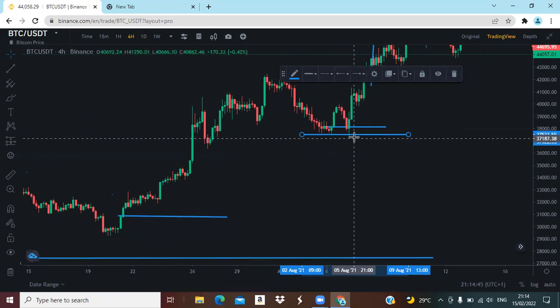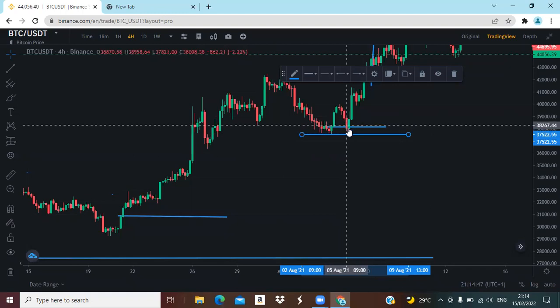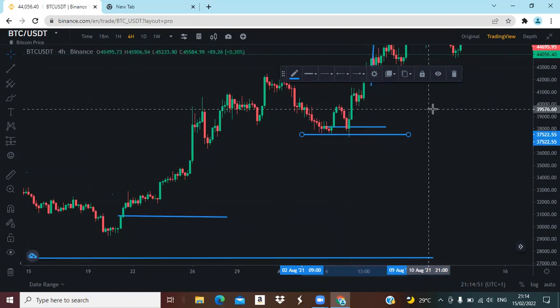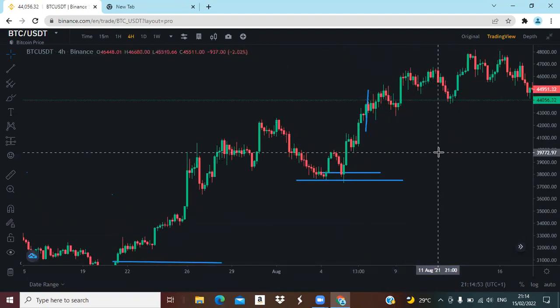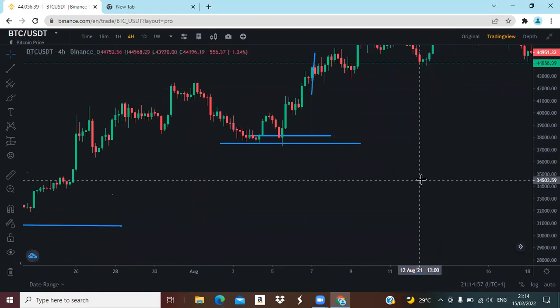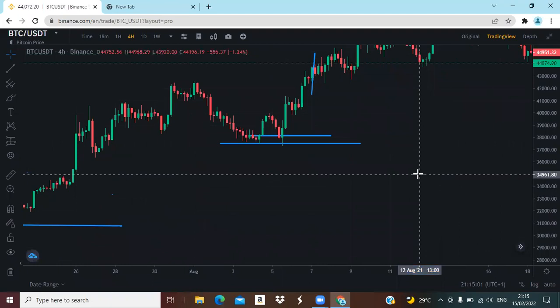This is a hunt. This is a hunt candle. The market is just going to go here, and then after that you see how the market moves to the other side. Very, very bad act. The goal is to frustrate retail traders.